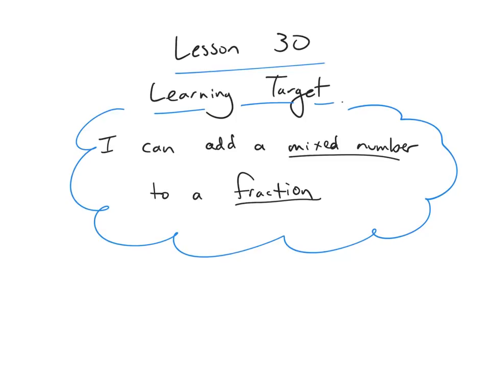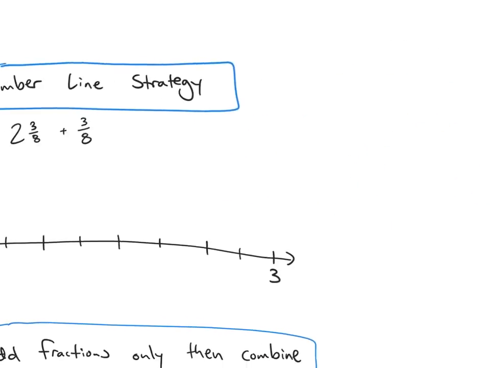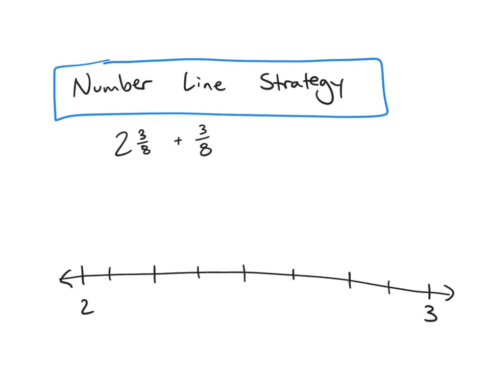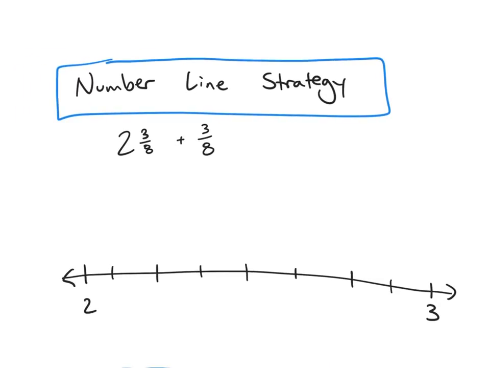So let's jump into our first strategy, which is a familiar strategy of using a number line to show the addition of fractions. In this problem, I'm going to demonstrate the number line strategy with 2 3/8 plus 3/8. I'm going to start by representing our first addend on the number line.